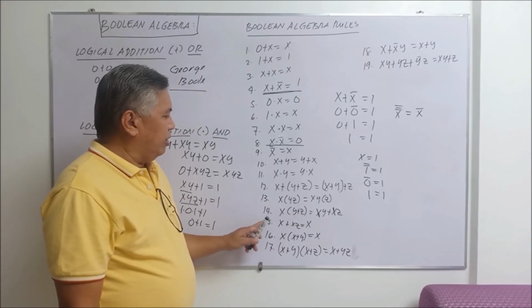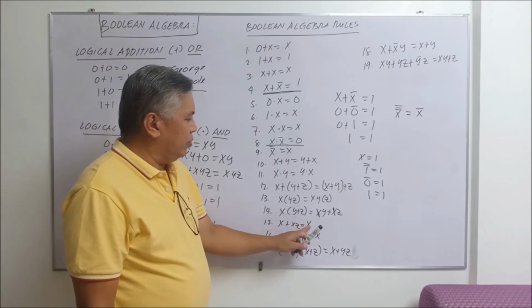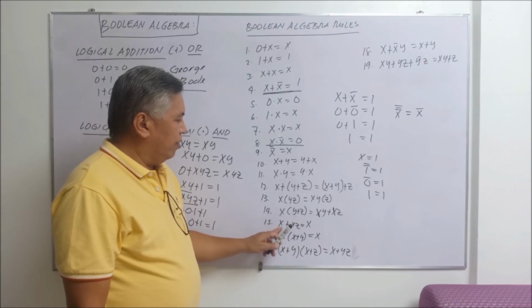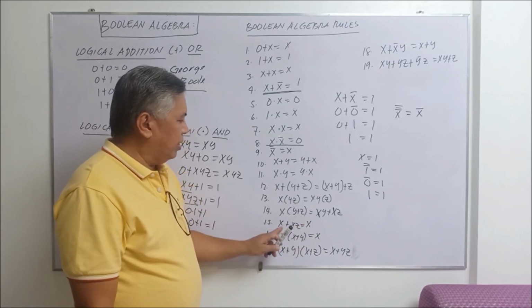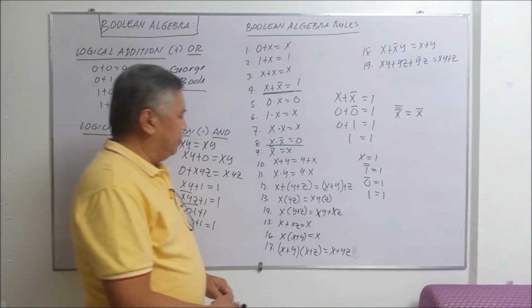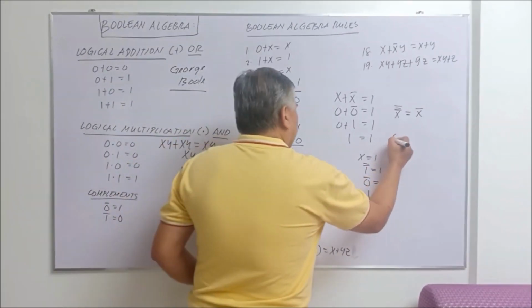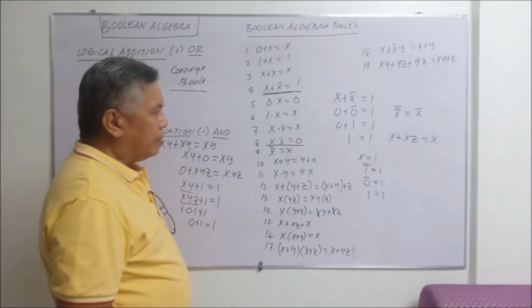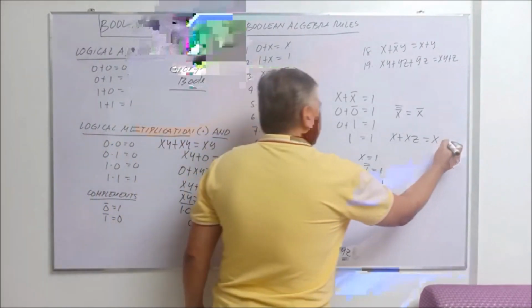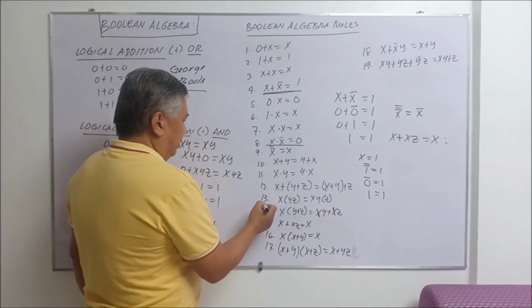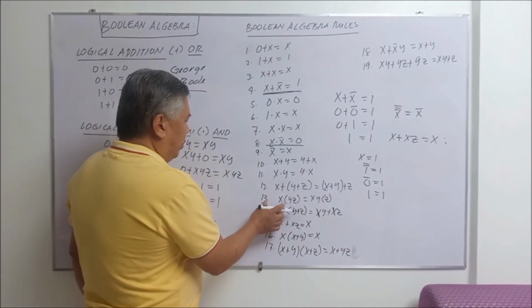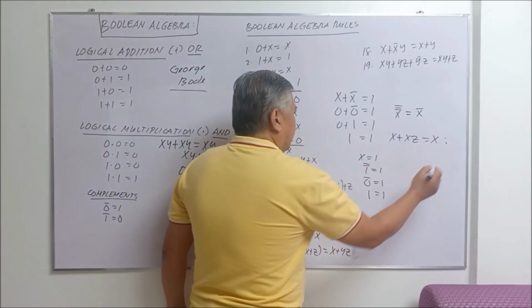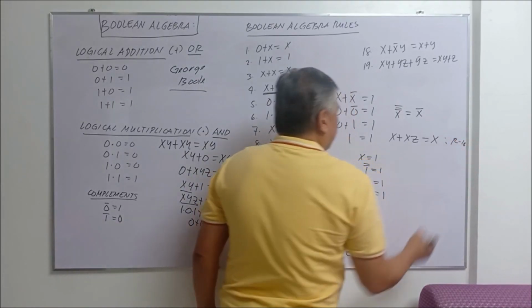Then number 15, x plus xz is equal to x. So again, this is only true for this particular example, no? So you have x plus xz equal to x. So you factor out the common value, that is rule 14, for example.